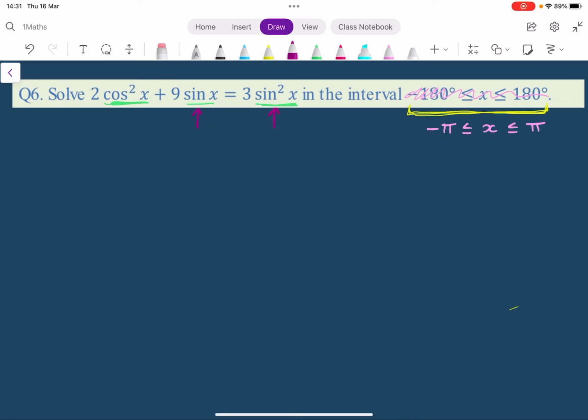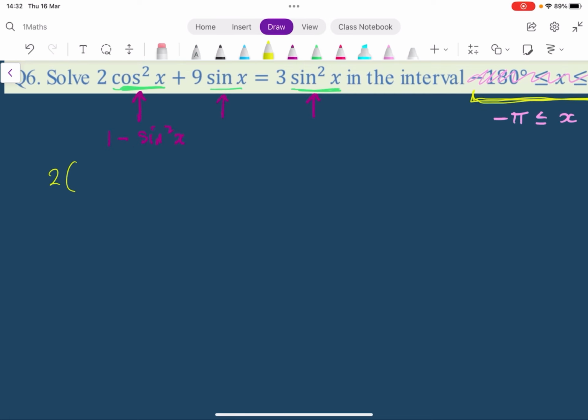I have sine squared, and given I have cos squared, I can rewrite cos squared as 1 minus sine squared x. So I'm going to sub that in there. 2 times (1 minus sine squared x) plus 9 sine x equals 3 sine squared x.